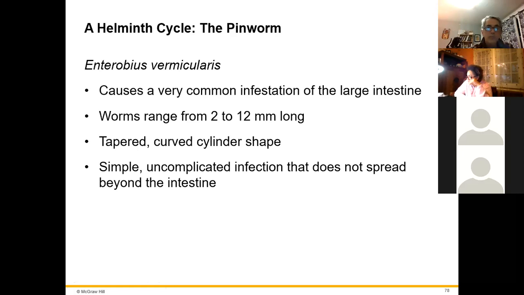There's a pinworm. It has a life cycle, a very common infestation of the large intestine. The worm can be 2 to 12 millimeters long.